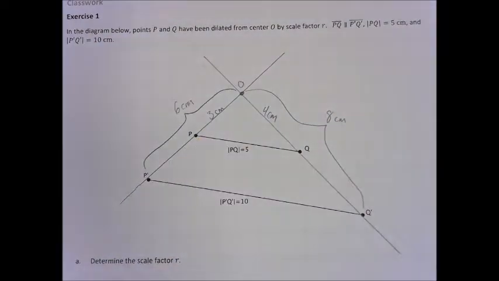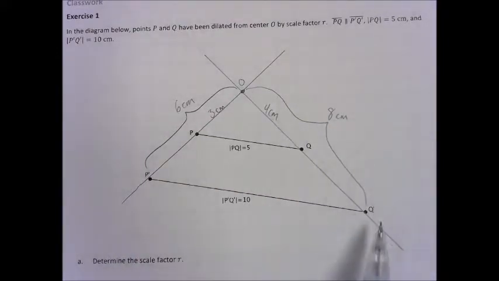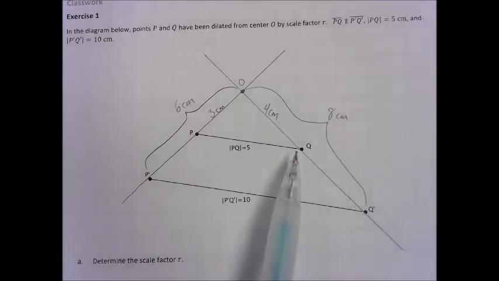Now we have all the measurements that we need, and we're going to use our formula in order to solve for the scale factor. We already know how to use all of our originals and our primes like we just found, but the way that we're going to find it today is with the line segments that they gave us in the beginning, PQ and P prime Q prime.